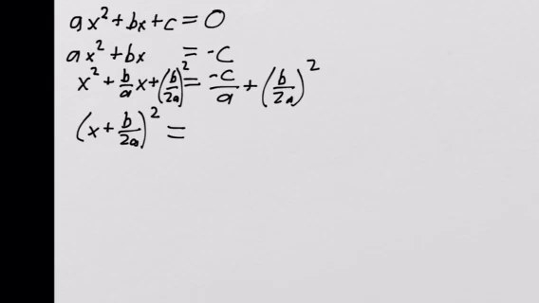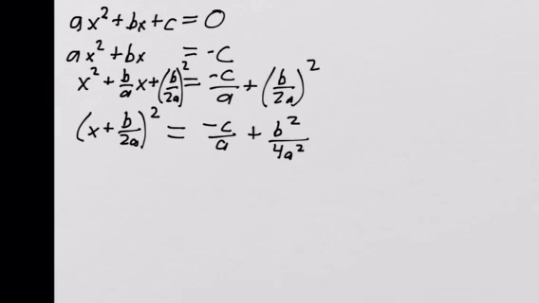And on the right-hand side, I'm going to have to do some work. So first, I'm going to go ahead and square the b over 2a. Now that should not be an equal sign. That should be a plus sign. So 4a squared there.